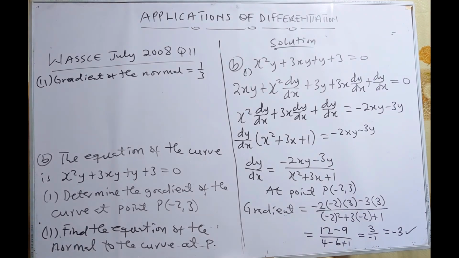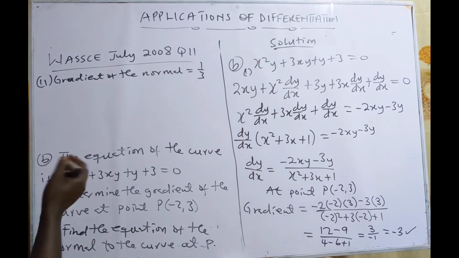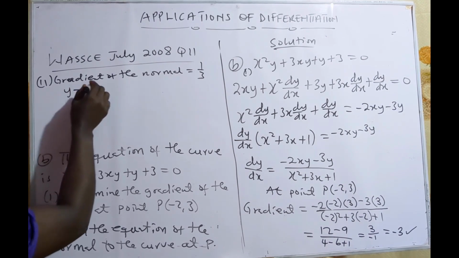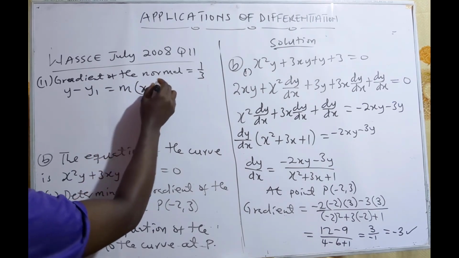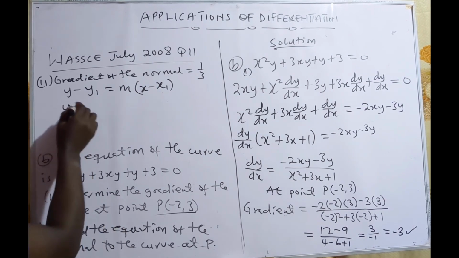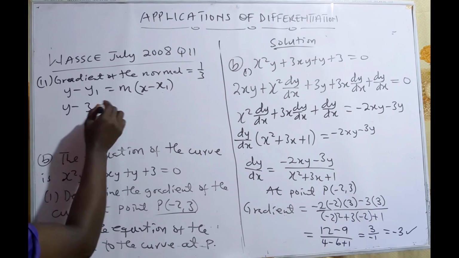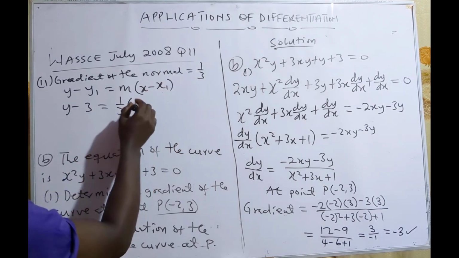Okay, so since I have the gradient of the normal, then I can find the equation of the normal at the point of the curve at P. What is the point at P? -2, 3. So we know the equation is y minus y1 equal to m into bracket x minus x1. And the point is at P. So that will be y minus 3 equal to 1/3, which is the gradient of the normal.